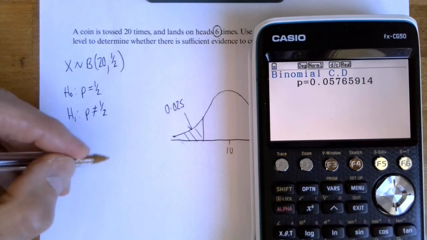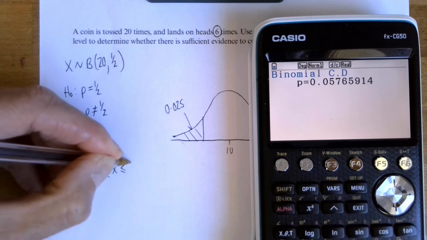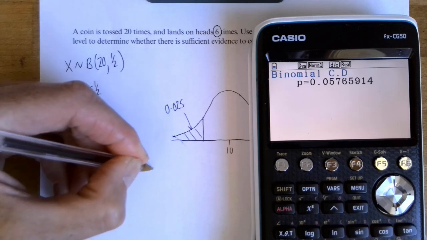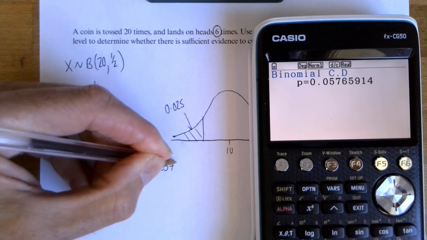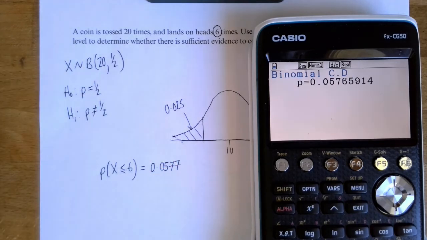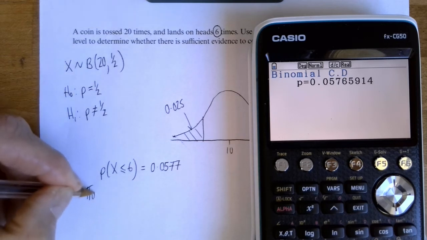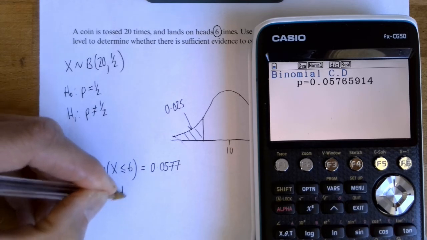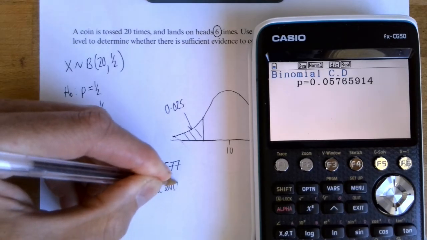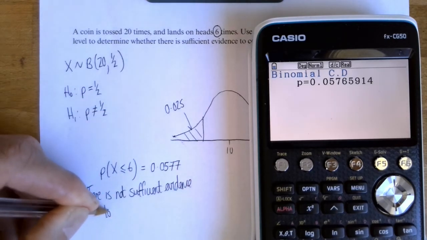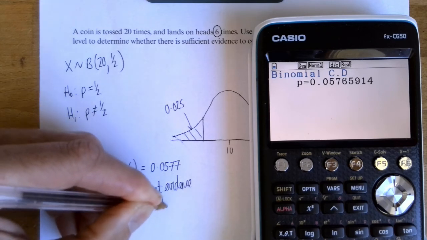Okay, so the probability that x is less than or equal to 6 is equal to 0.0577, 4 decimal places, and this means that there is not sufficient evidence to reject the null hypothesis.